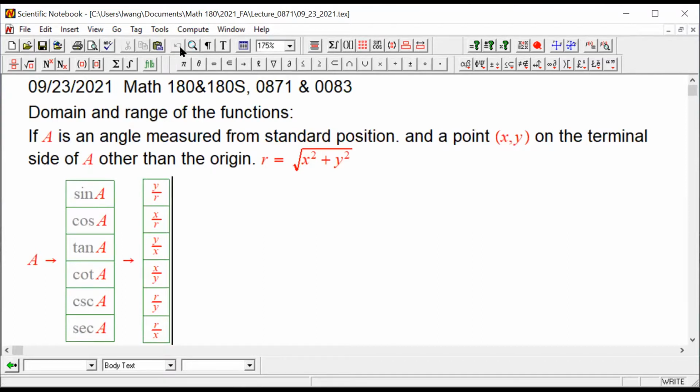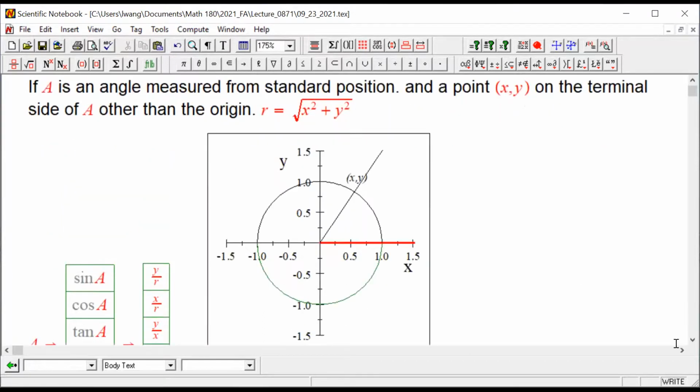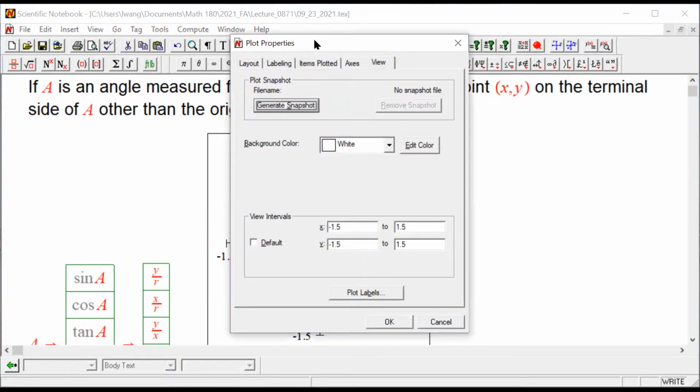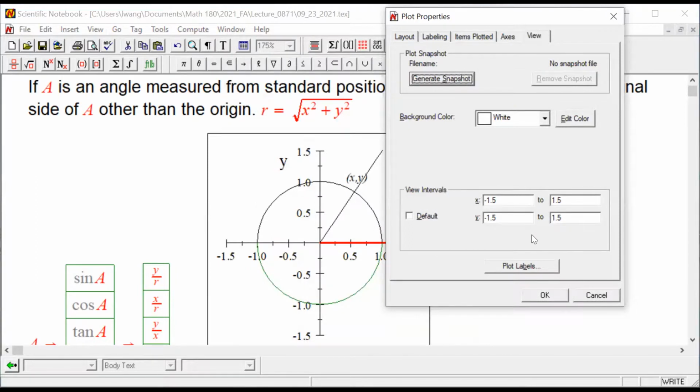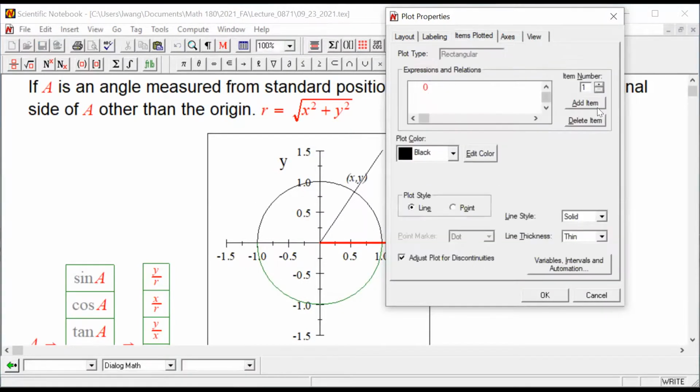We talked about how we end up using the unit circle, and also why we use the unit circle, and that it doesn't matter whether we use the unit circle or not. So I'm going to bring back the unit circle. I'm also going to bring back another circle, which is not a unit circle.